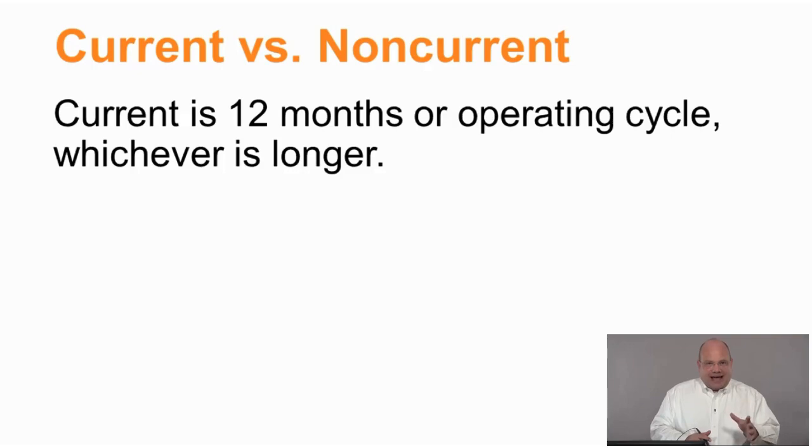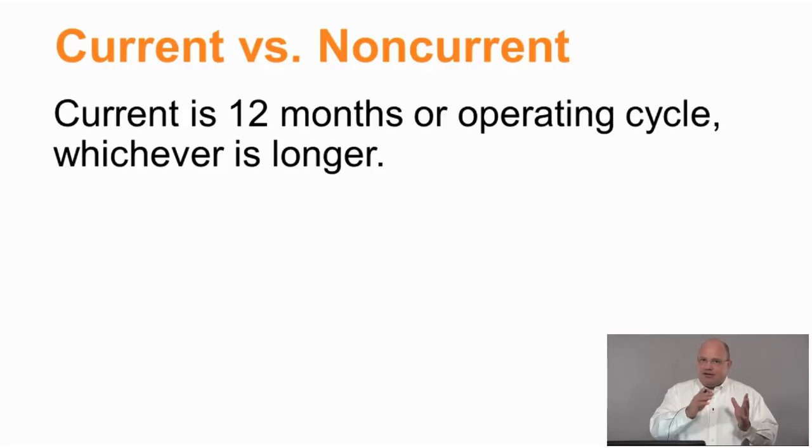From the standpoint of an asset, if it's going to be used within 12 months or the operating cycle, whichever is longer, it's a current asset. For a liability, if it's going to be settled in 12 months or the operating cycle, whichever is longer, it's a current liability. Assets that will be used, liabilities that will be settled after that 12-month period are classified as non-current.